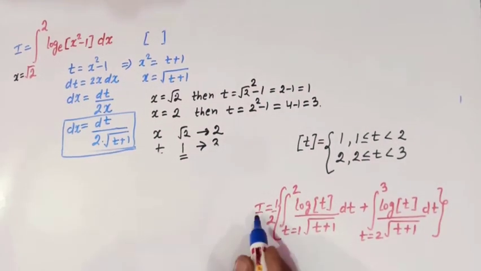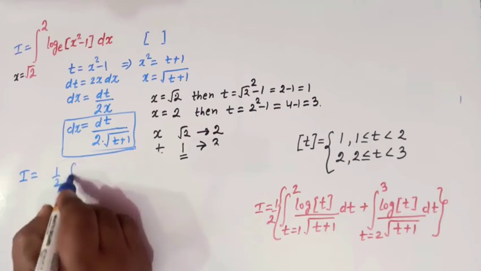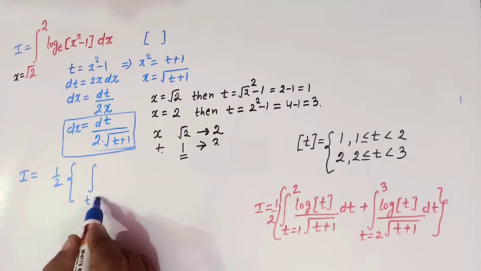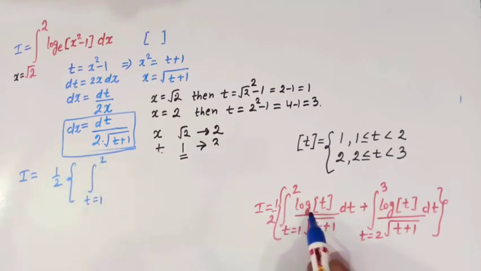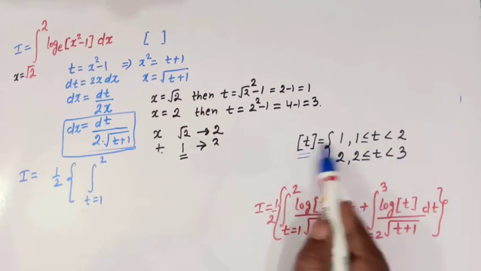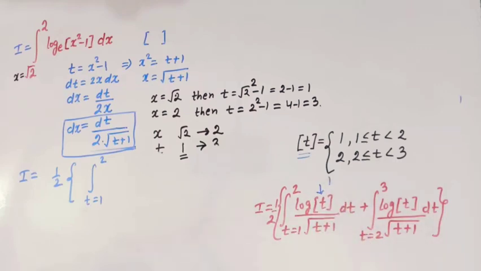So now viewers, I is equal to half, and here we have the integral from t equals 1 to 2 of log of greatest integer t, and since the limits are from 1 to 2 and between 1 and 2 the value of greatest integer t is 1, here we'll substitute 1, right?